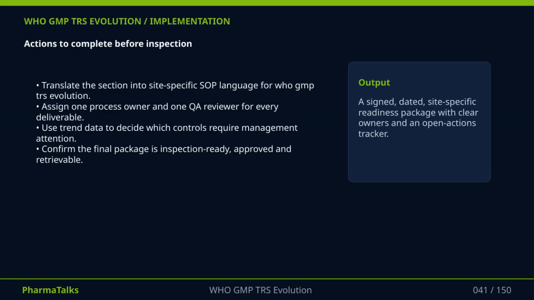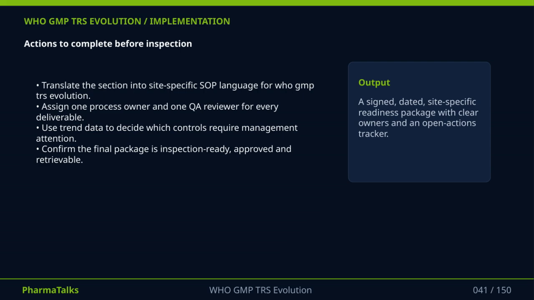Before an inspection, there are several critical actions we need to complete to ensure readiness for the WHO GMP TRS evolution. First, we translate the relevant sections into site-specific SOP language, making sure the guidelines are clear and applicable to our operations. Next, it's essential to assign a dedicated process owner and a QA reviewer for every deliverable, ensuring accountability and thorough review. We also analyze trend data to identify which controls need management's attention, so we can address any potential issues proactively.